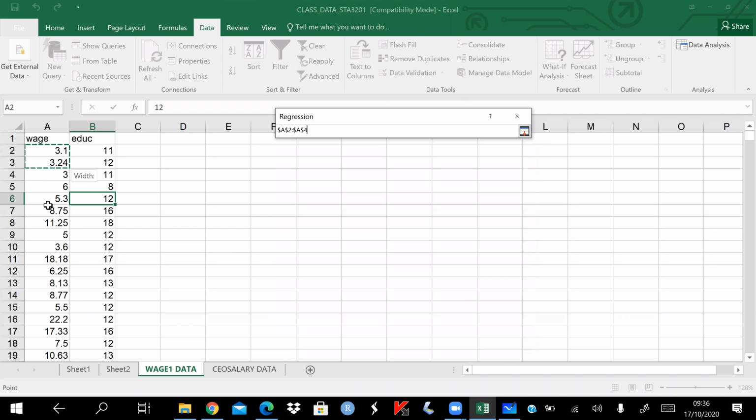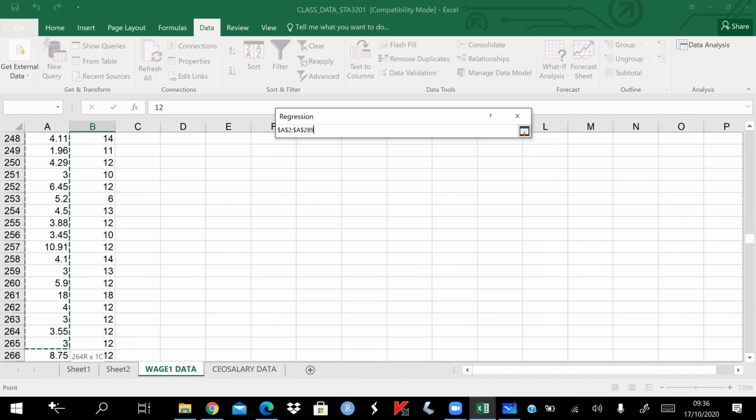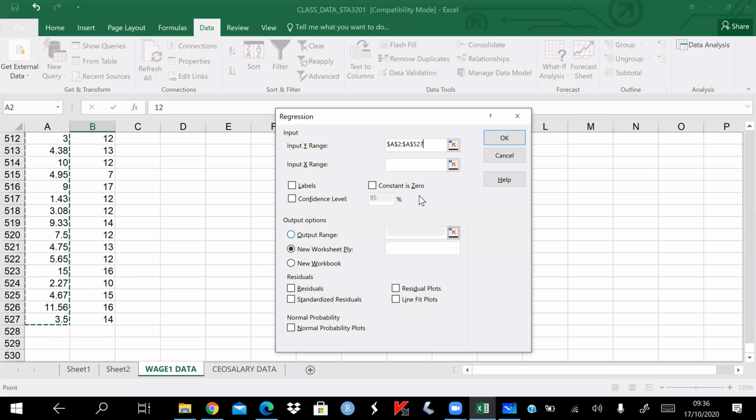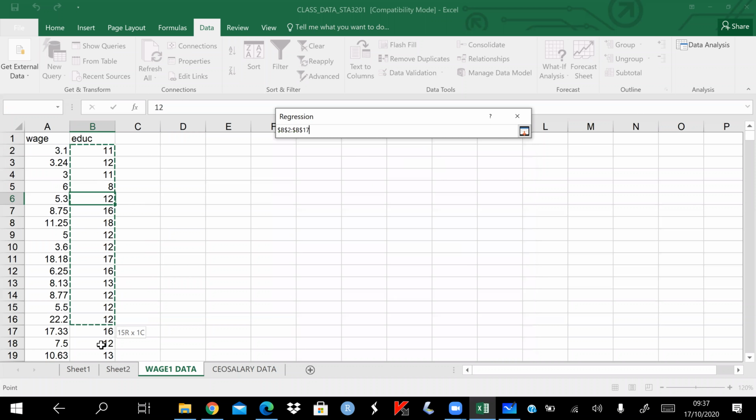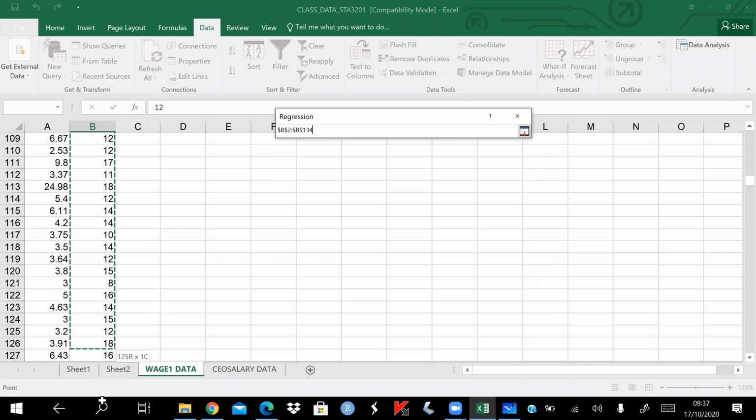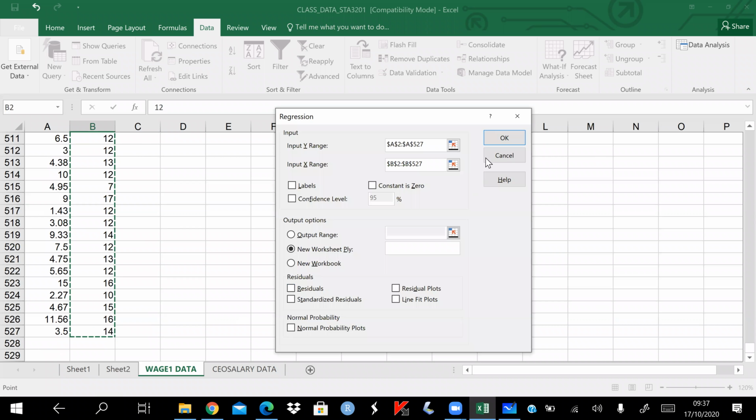So you select all those cells, and you come here, do the same. So I select all these. You select all that.